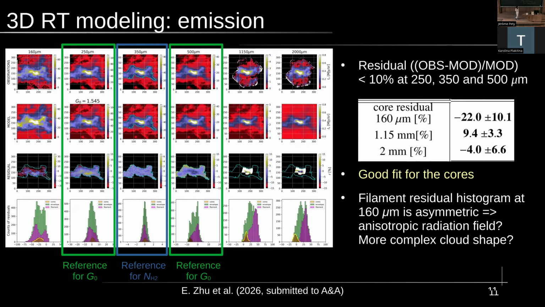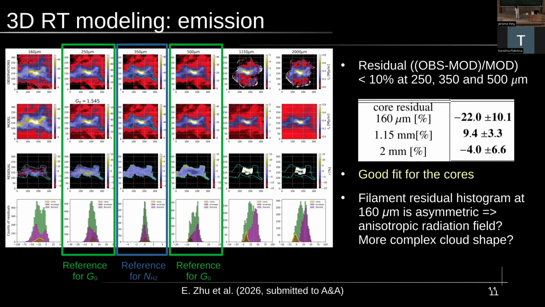But if we look at the other three wavelengths, I fitted the core residual histogram with a Gaussian function, and their peak position and standard deviation are shown here on the right. So for 160, we have residual around 20%, and for the millimeter, they are 10% or less. So in principle, we can say we have good fits for the cores. They are especially good for millimeter.